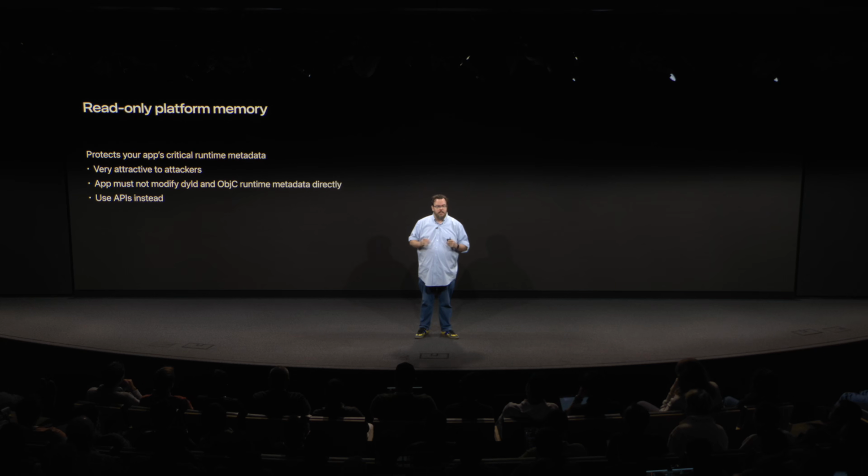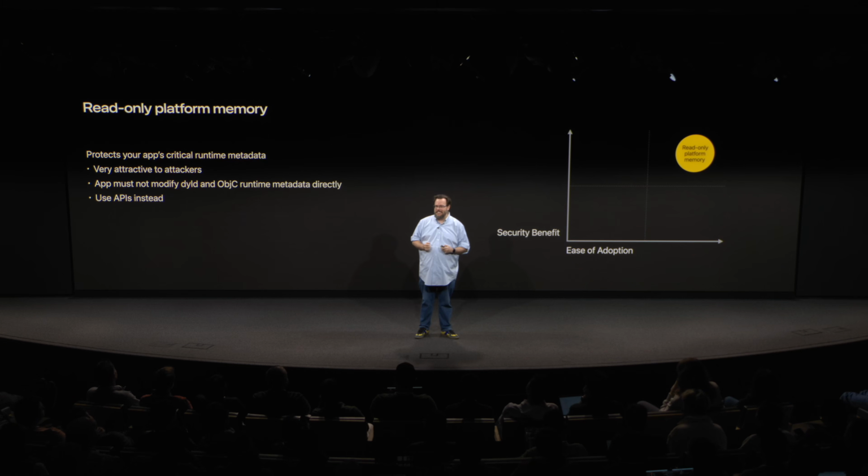Read-only platform memory prevents attackers from modifying that data, so only the dynamic loader itself can change it. It provides valuable security protection and is extremely easy to adopt. Most apps will not need to make changes to be compatible. To ensure compatibility, use system APIs to modify DYLD and Objective-C runtime metadata. Don't modify them directly.